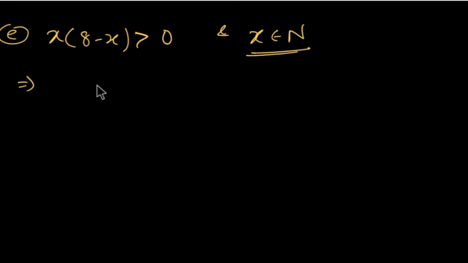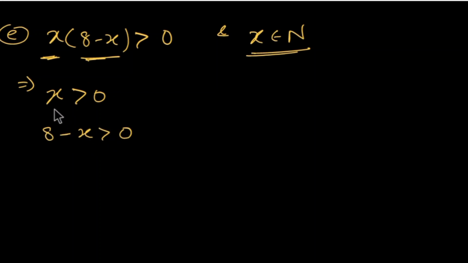Try to understand one thing very clearly. If the product of two numbers is positive, both are positive numbers, so x greater than 0, and 8 minus x also greater than 0.